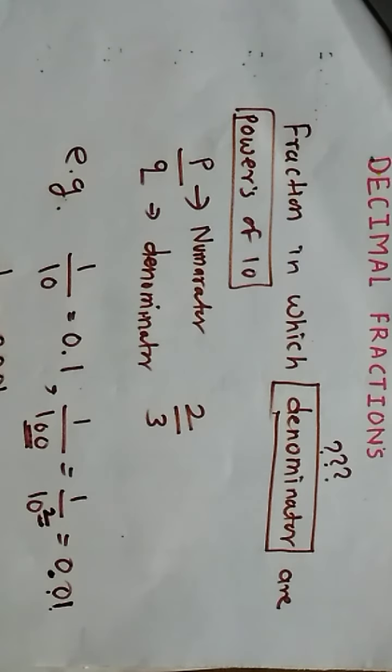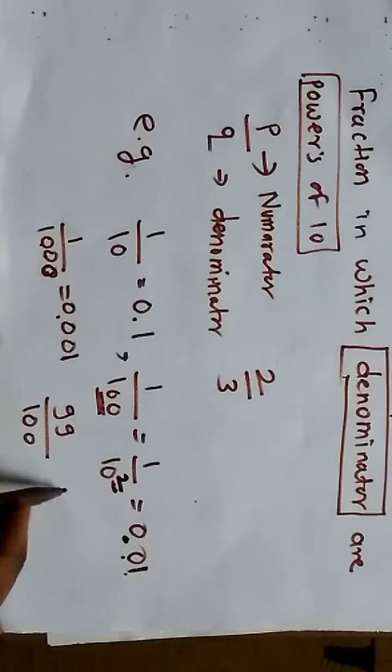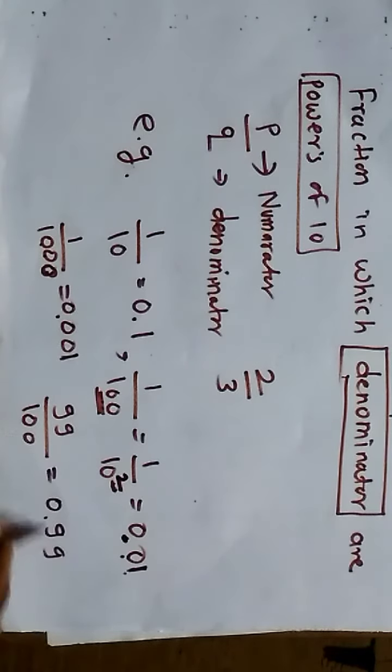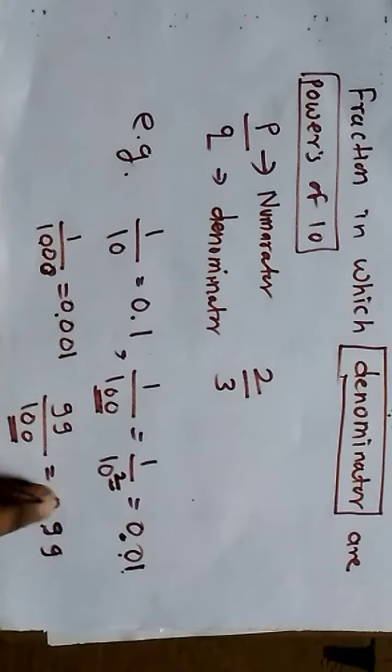Similarly, suppose 99 by 100. We can write it as 0.99, because there are 2 zeros here, so we take the decimal point after 2 places.